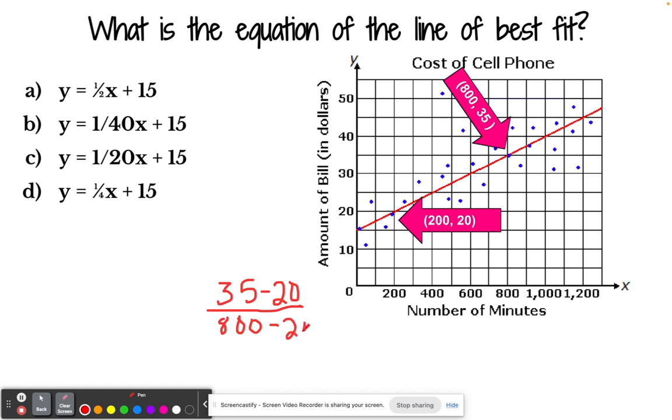This is where paying attention to the scales, looking at the values, is important. I couldn't just count the slope because this scale is different than this scale. 35 minus 20 is 15.